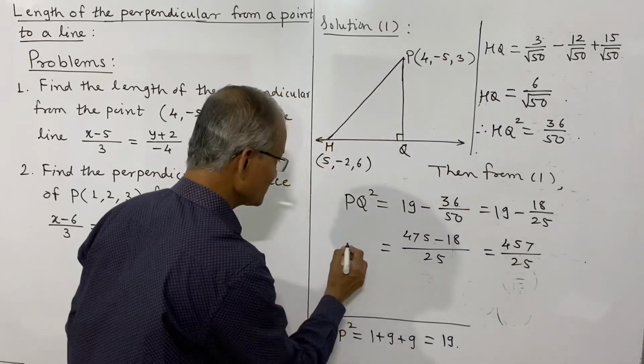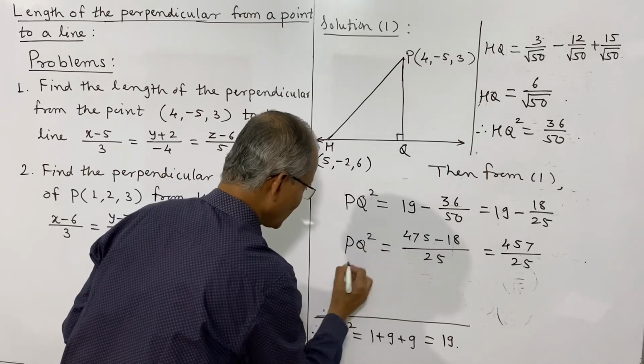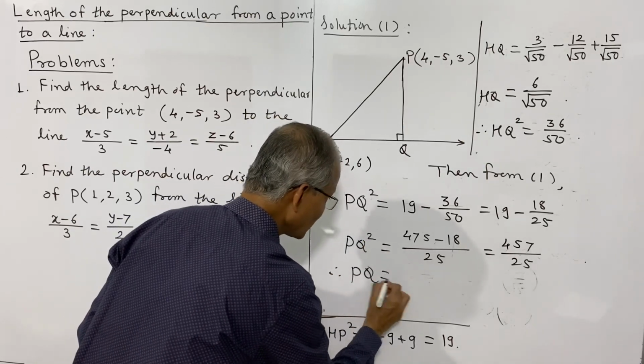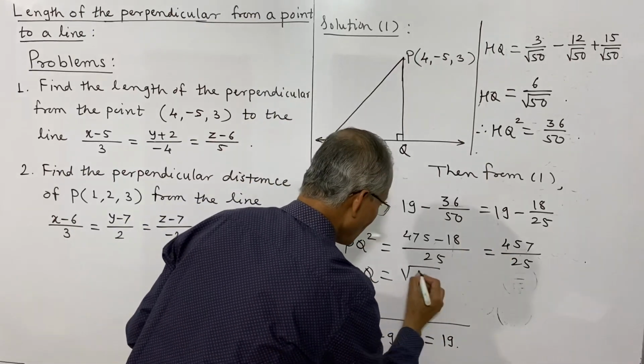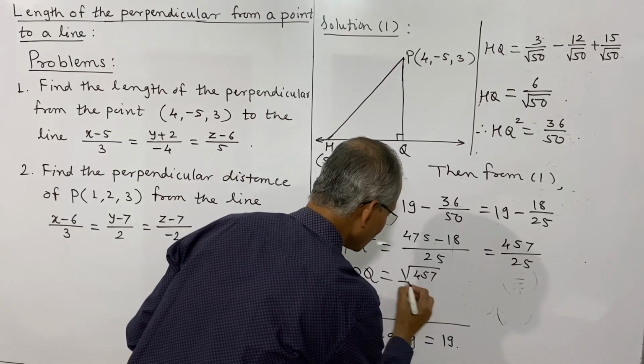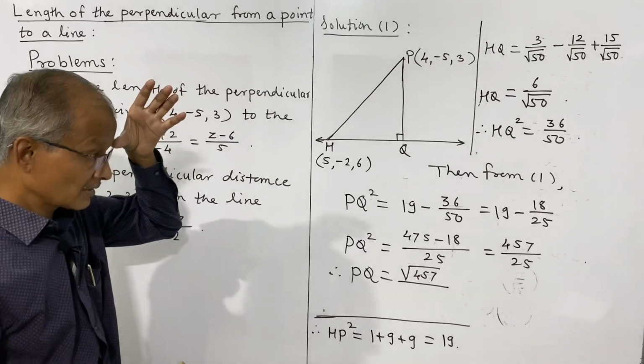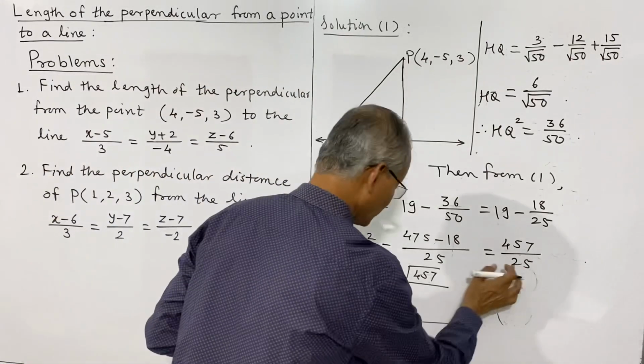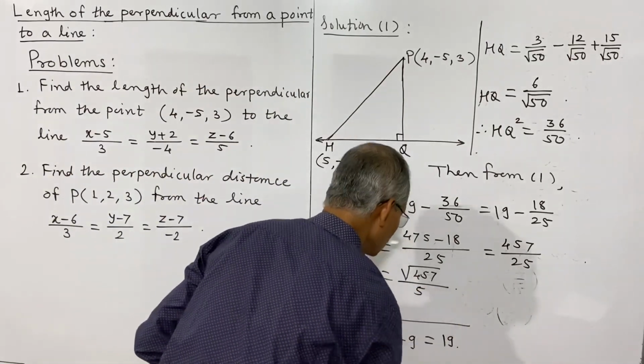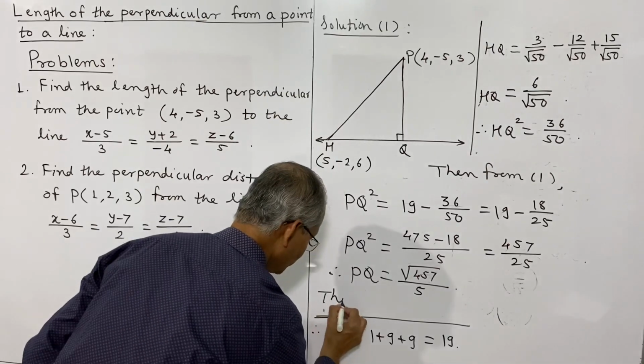So this is PQ square, and therefore PQ is the square root of 457 divided by the square root of 25, that is 5. You should check the calculation whether this is correct. This is the required perpendicular distance.